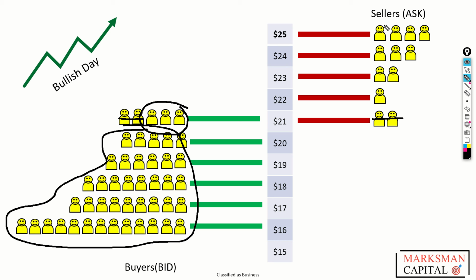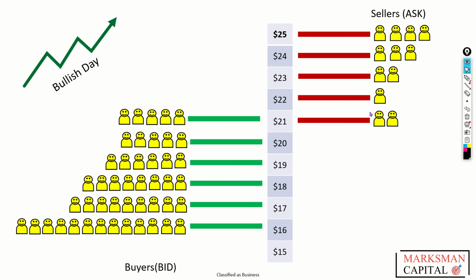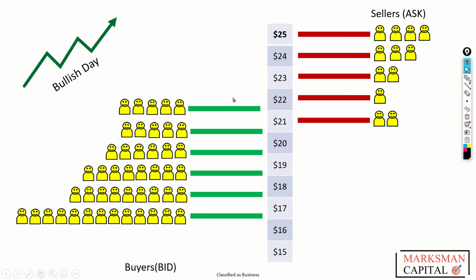So the further it goes, the more sellers you would see, because sellers want to sell at a higher price. And in this case, buyers want to buy at lower prices, so you would see more buyers waiting at lower prices. But when there's more demand than supply, and more people want this stock, for instance, if it's a strong fundamental stock trading lower than intrinsic value, then more buyers will want to own this stock. So it keeps driving the stock up.